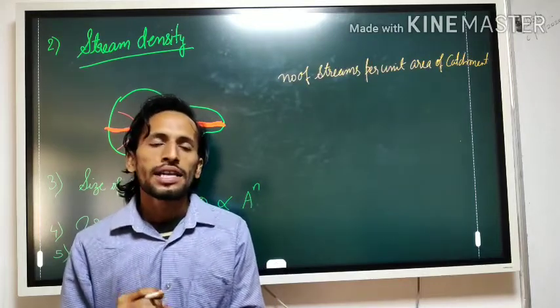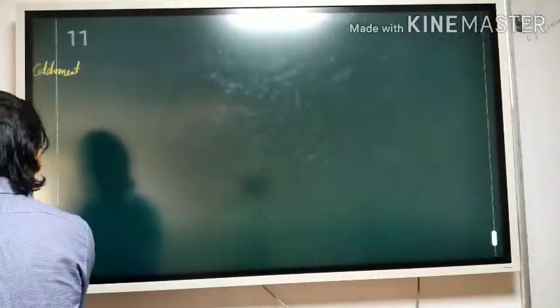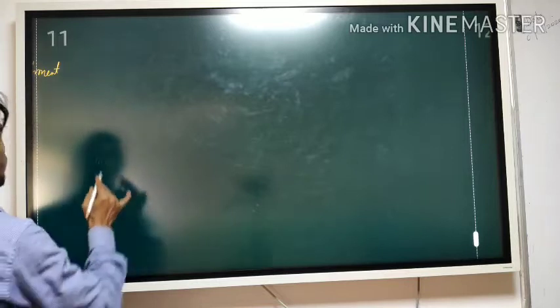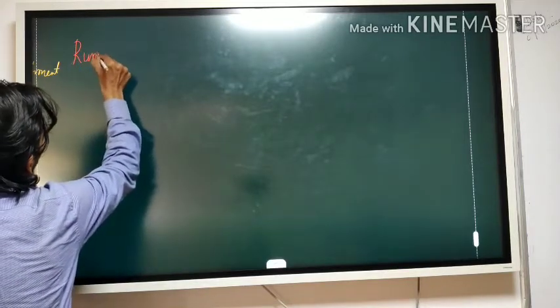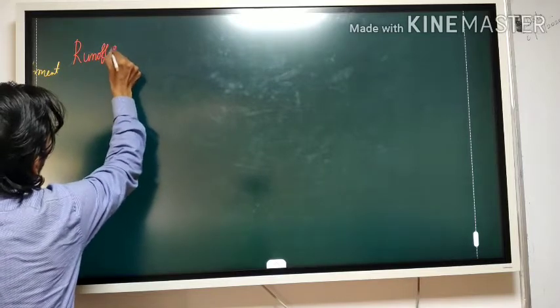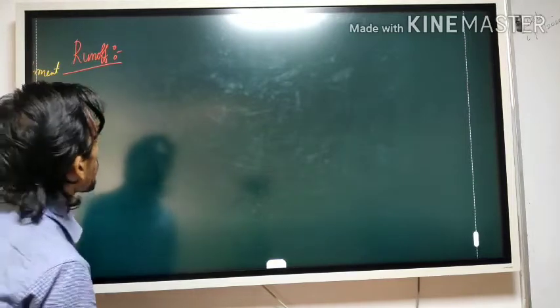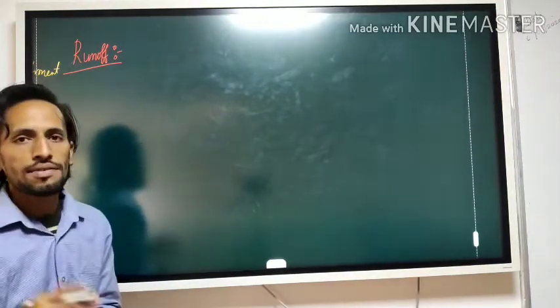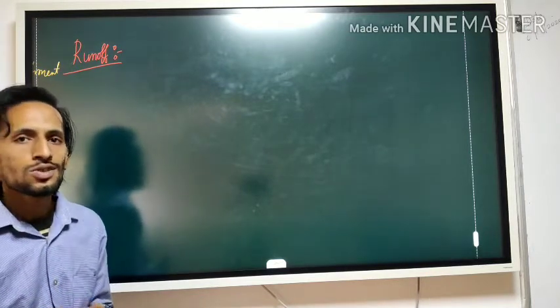Let's move one step ahead and again talk about runoff. When you draw the hydrograph, you see that the runoff is basically divided in two parts.